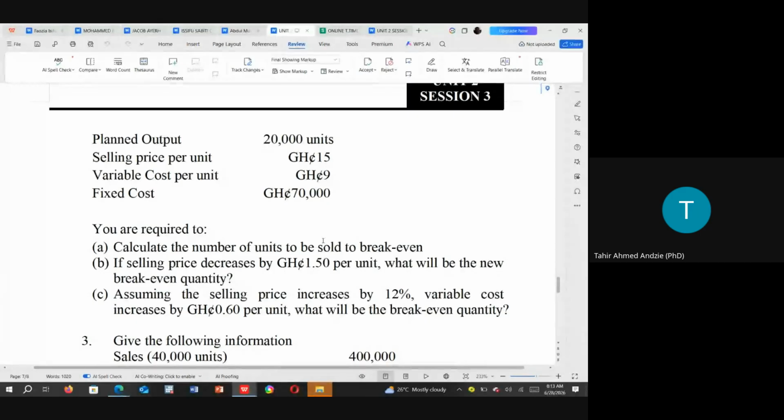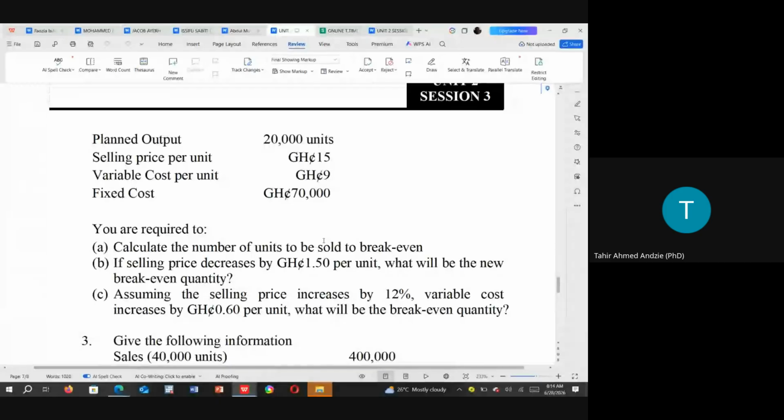In the same way, we just get the new information. So our new selling price now will be... will the 12% be calculated on the 13.5 or the 15? No, we will make reference to the old information. We are basing all of them on the information given to us.